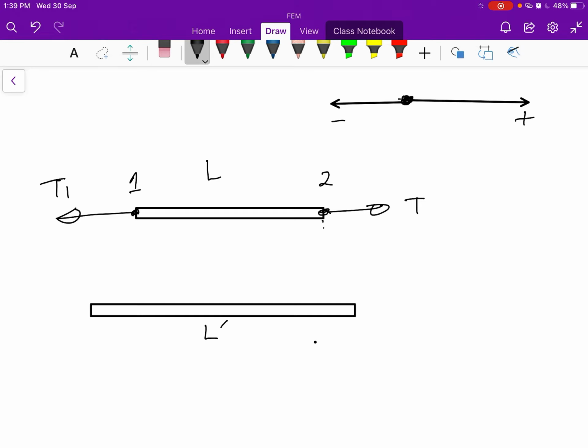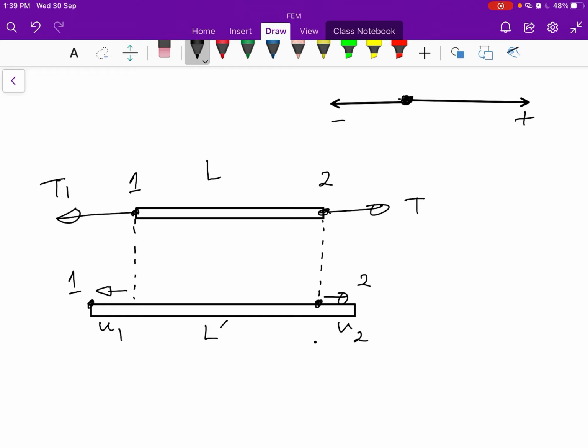Such that node 2 has moved in this direction from its original position by u2 amount, and node 1 has moved in this direction from its original position by an amount u1.